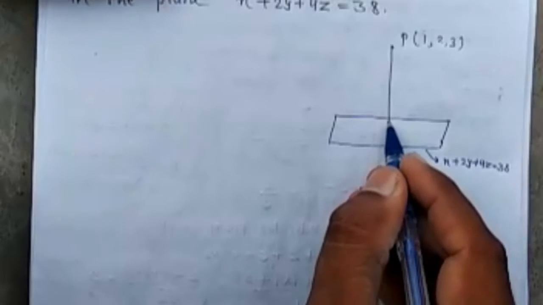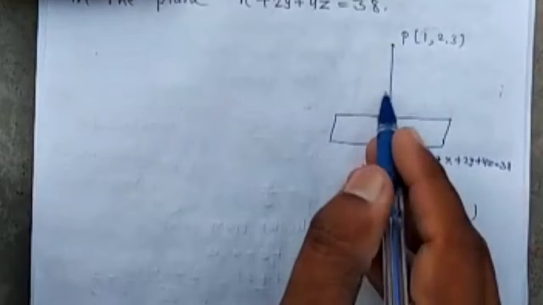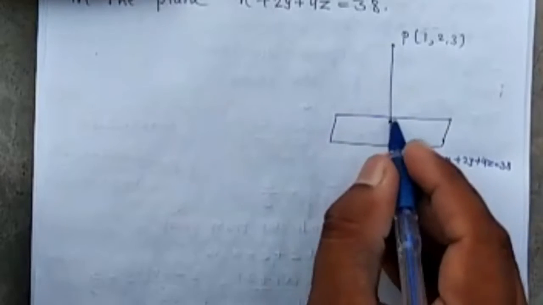Firstly, we have to find the foot of perpendicular from point P to the plane.